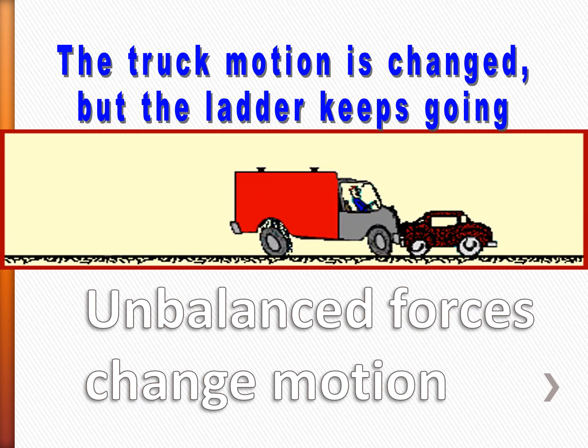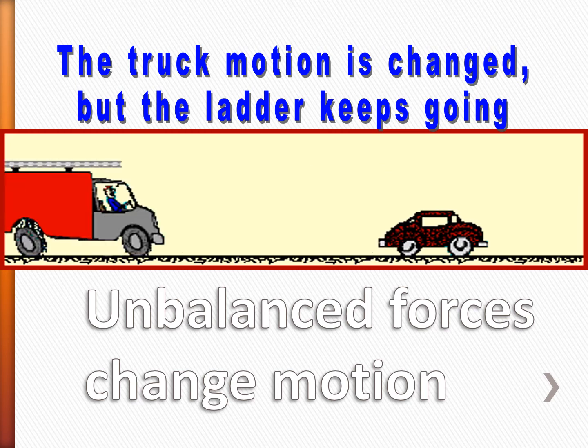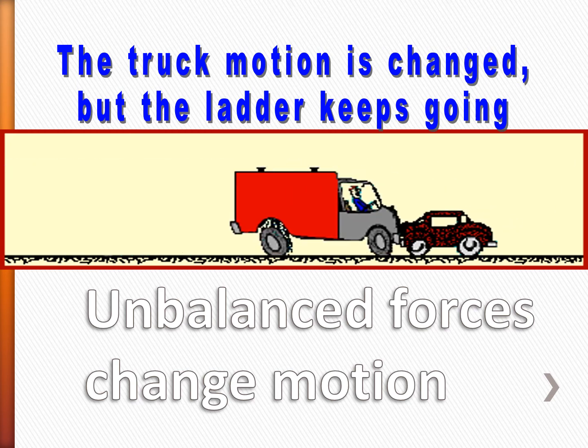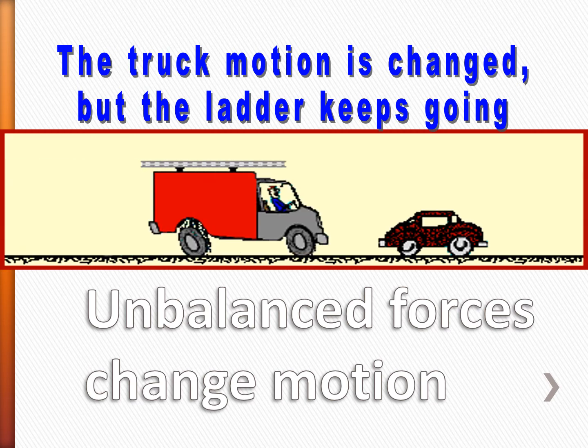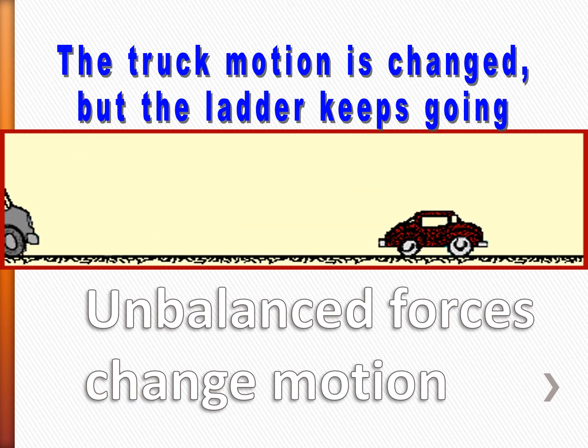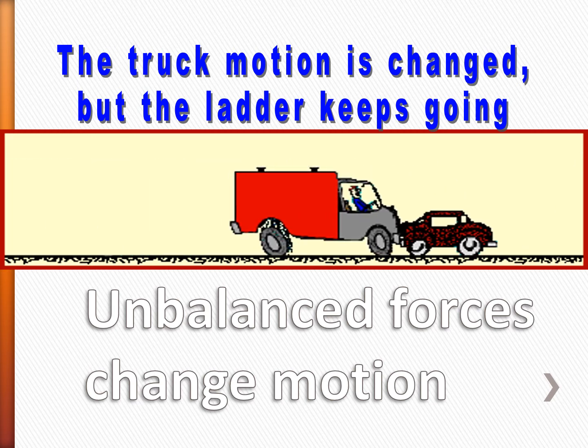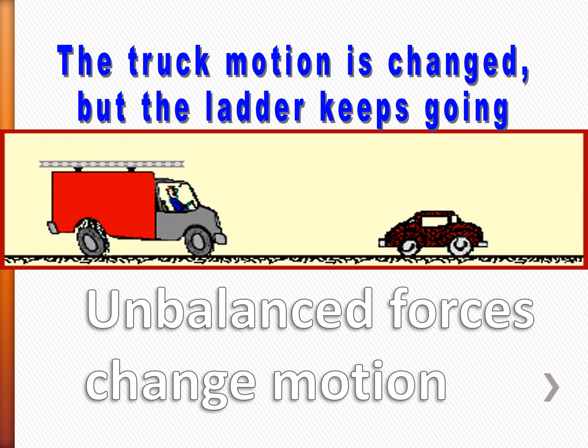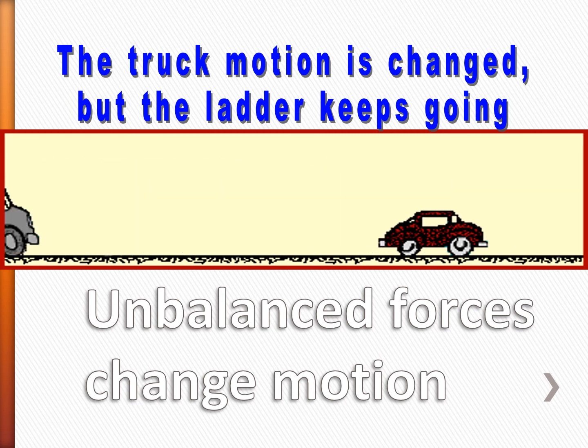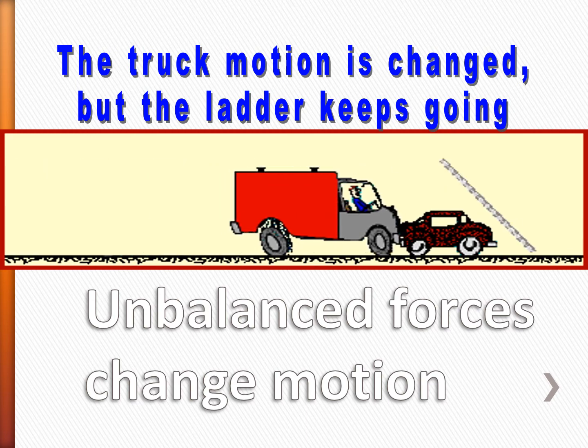This can be explained by the first law of motion, wherein an object in motion will stay in motion and an object at rest will stay at rest unless acted upon by an unbalanced force.